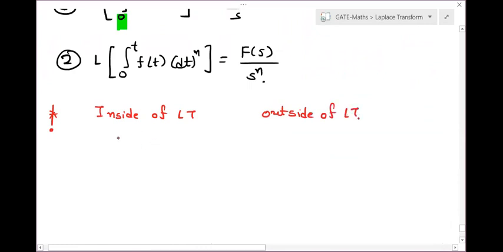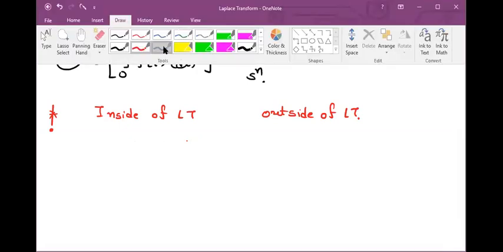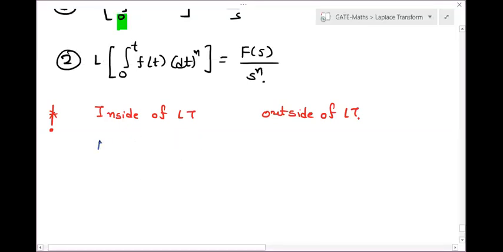When you are multiplying by your variable t inside the Laplace transform, outside you will get its differential.